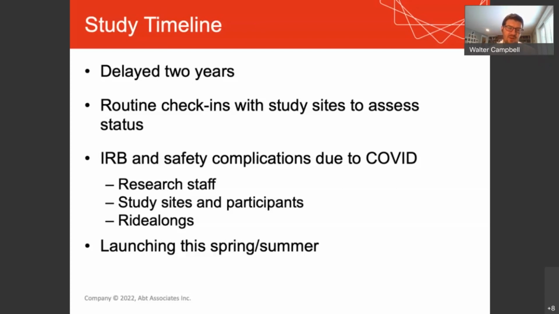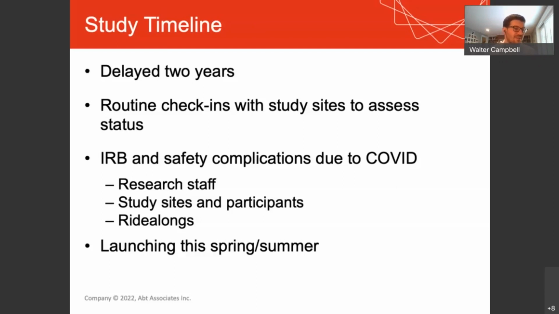In addition, any IRB packet that involves in-person data collection requires a pretty rigorous COVID safety plan. And there's also just the comfort of staff members with traveling and how they feel about pandemic-related risks.